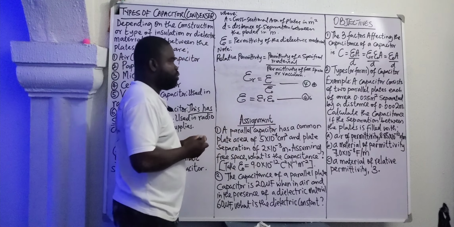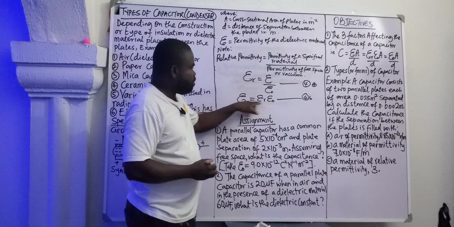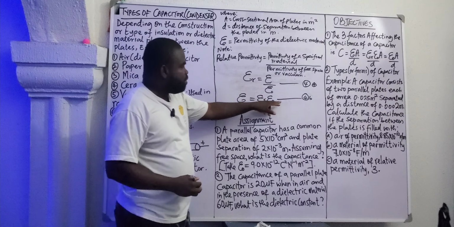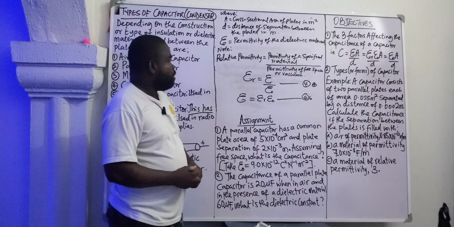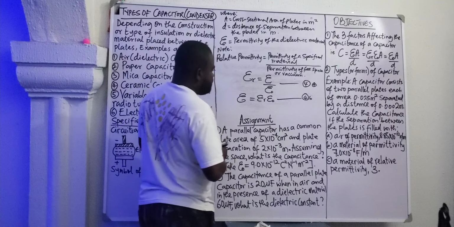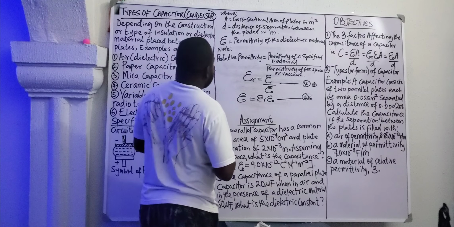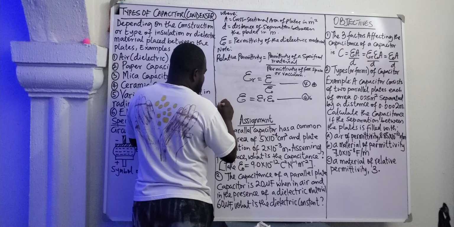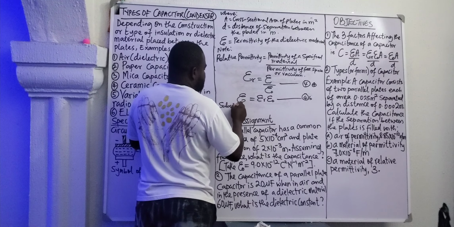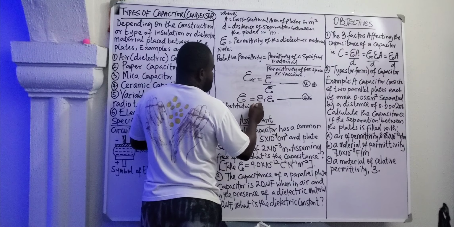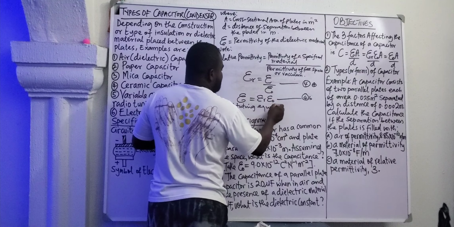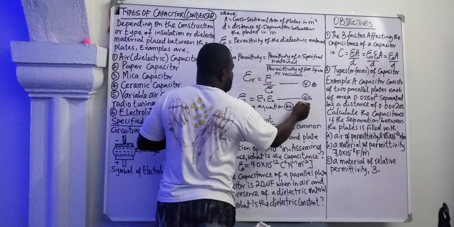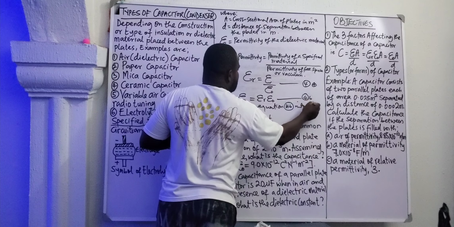Now, I can substitute equation 4b into equation 3. If I do that, then the formula for the capacitance will be, substituting equation 4b into equation 3, gives.